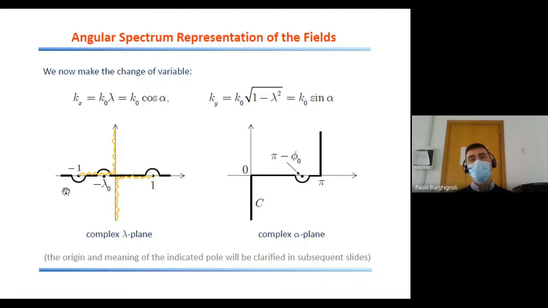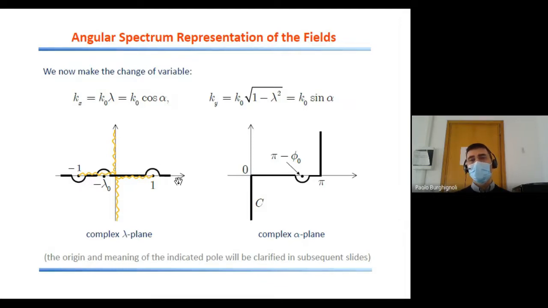So here we just notice that the integration range in kx was the entire real axis. So in the lambda plane, the integration must be indented, of course, to avoid singularities, and this is the correct way to indent.